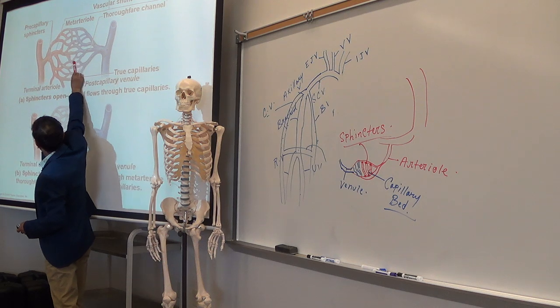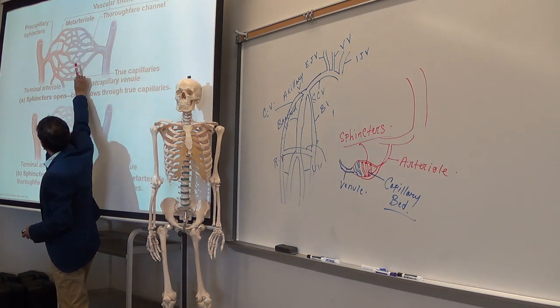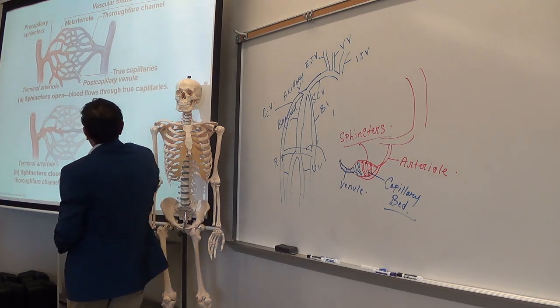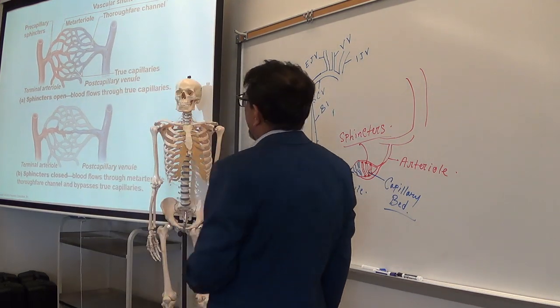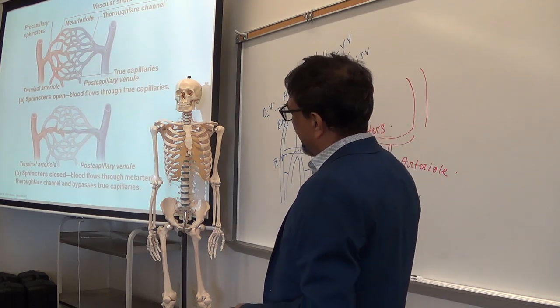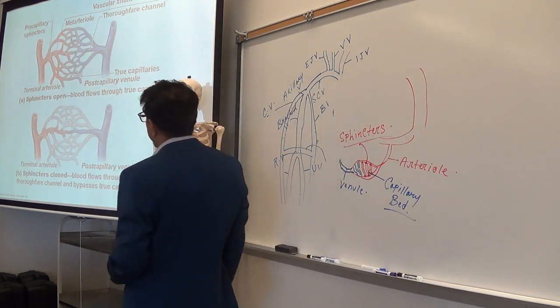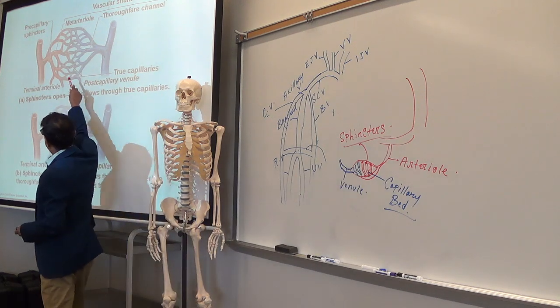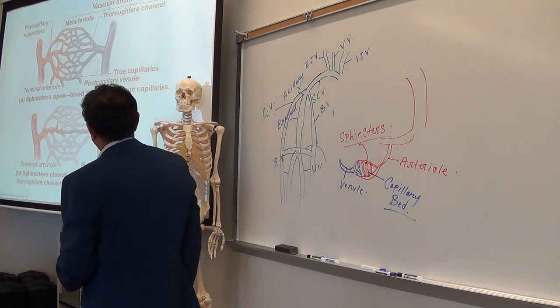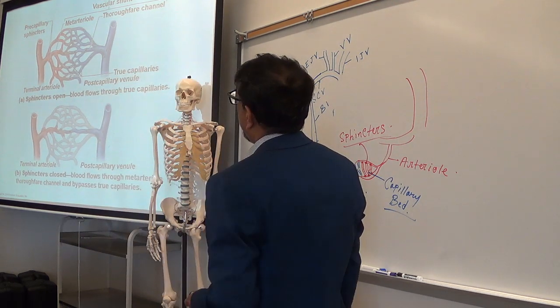They form networks. And this one is called the thoroughfare channel, the one that directly takes some blood from the arteriole to the venule. But most blood from the arteriole enters into the true capillaries or capillary networks.